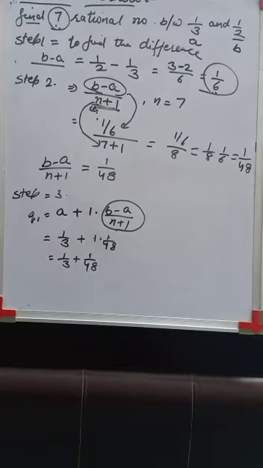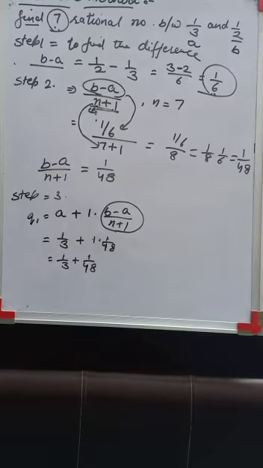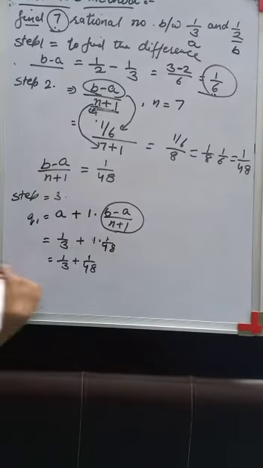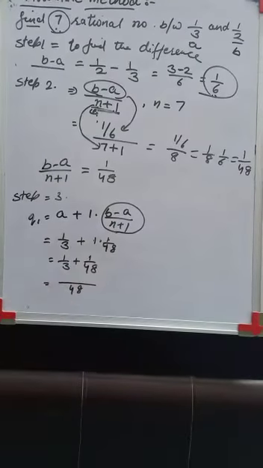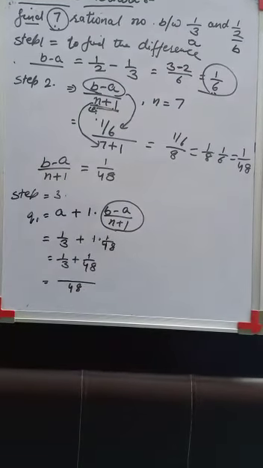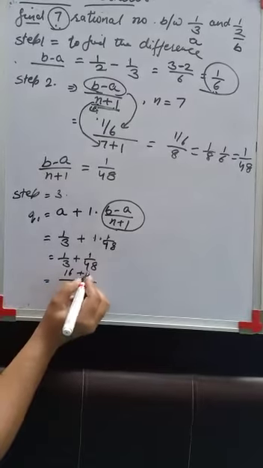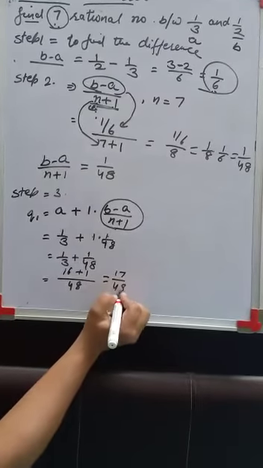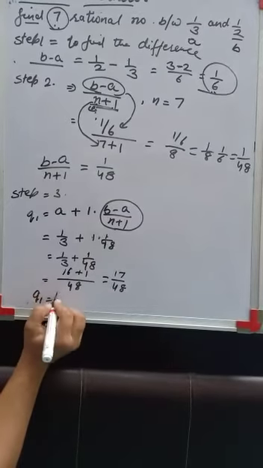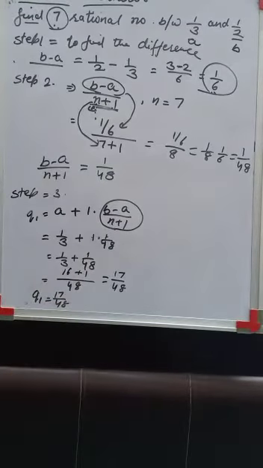Taking the LCM, it will be 48, so 16 plus 1, that is 17 upon 48. So your Q1 has become 17 upon 48.